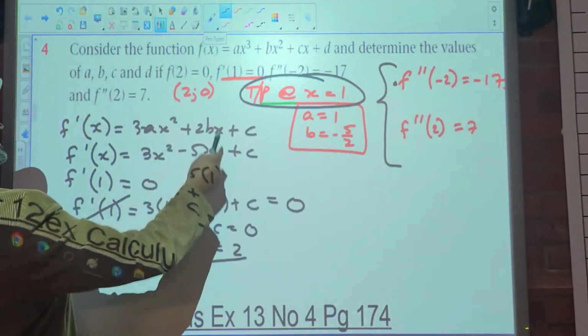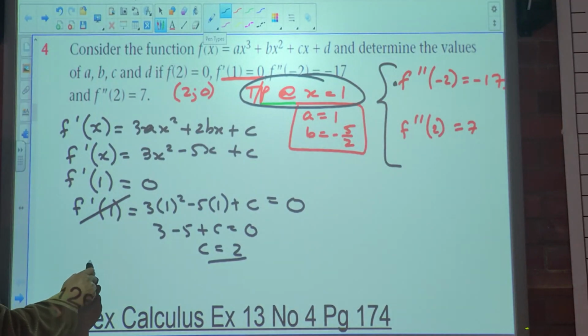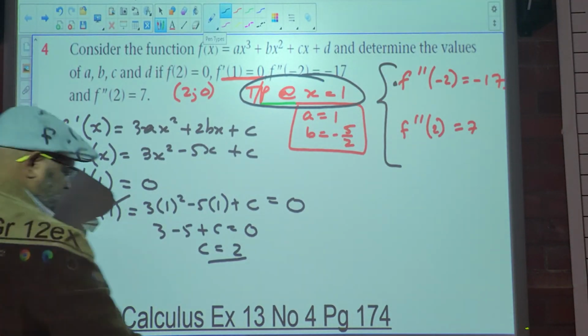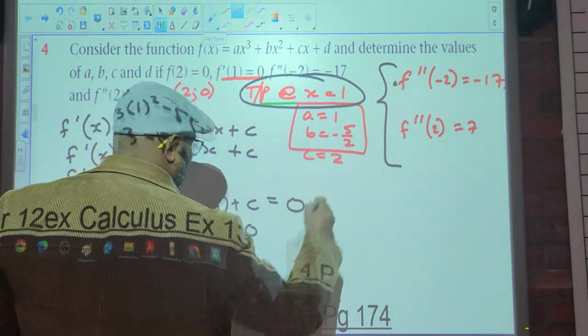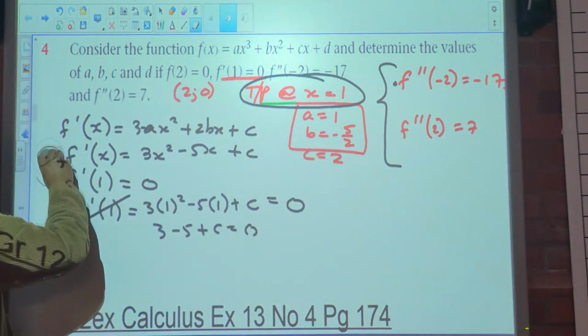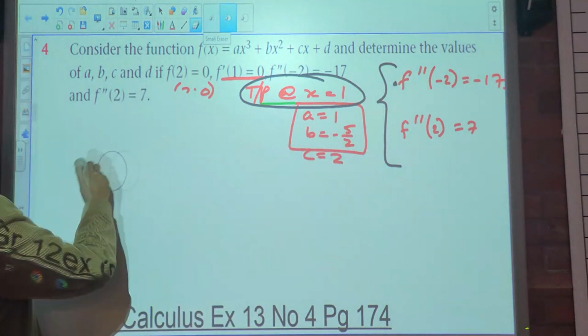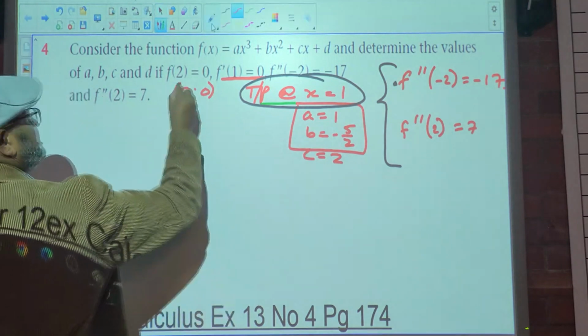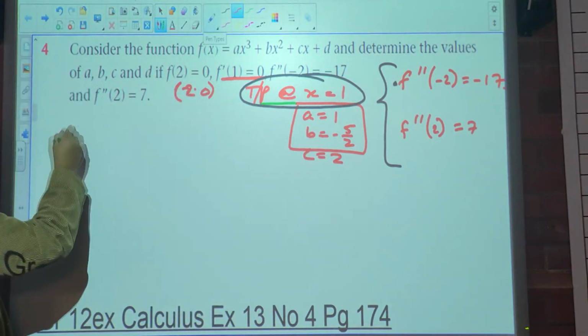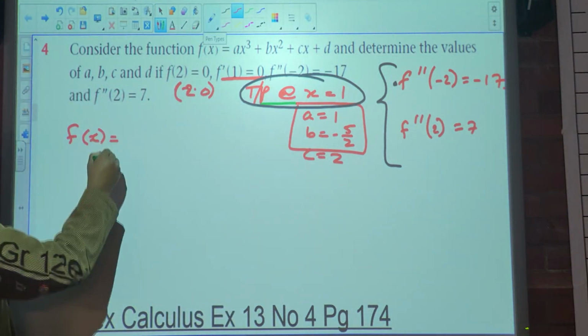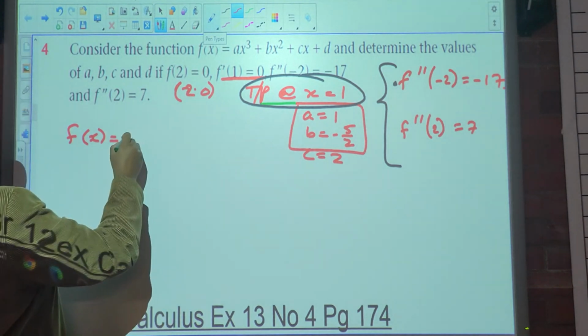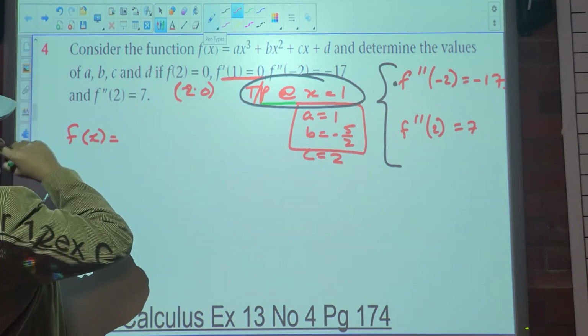So my equation now reads f of x. So this is a and c is equal to 2. As you can see, I need to space again. So we know that f of x is now equal to, what was a? 1.